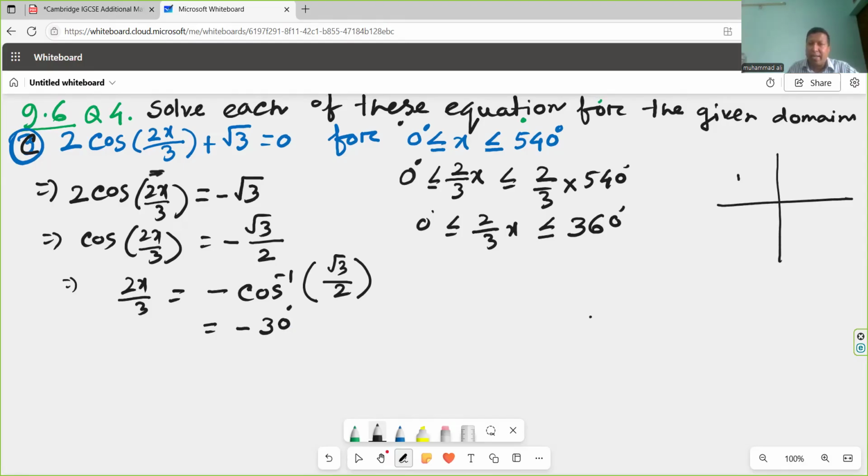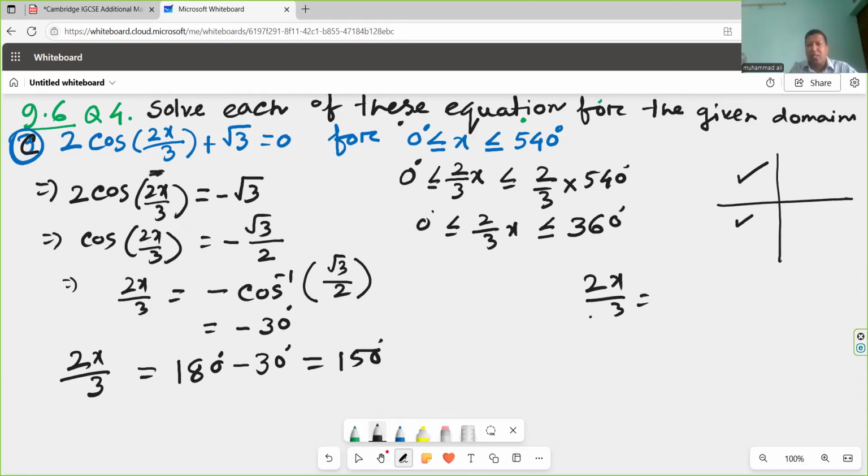Cos is negative in the second quadrant and third quadrant. So if we want to get the result in the second quadrant, we have to subtract this acute angle from 180 degrees. We'll get here 150 degrees. And also we have to add this acute angle to 180 degrees. We'll get here 210 degrees. So finally, 2x by 3 equals 150 degrees and 2x by 3 equals 210 degrees.